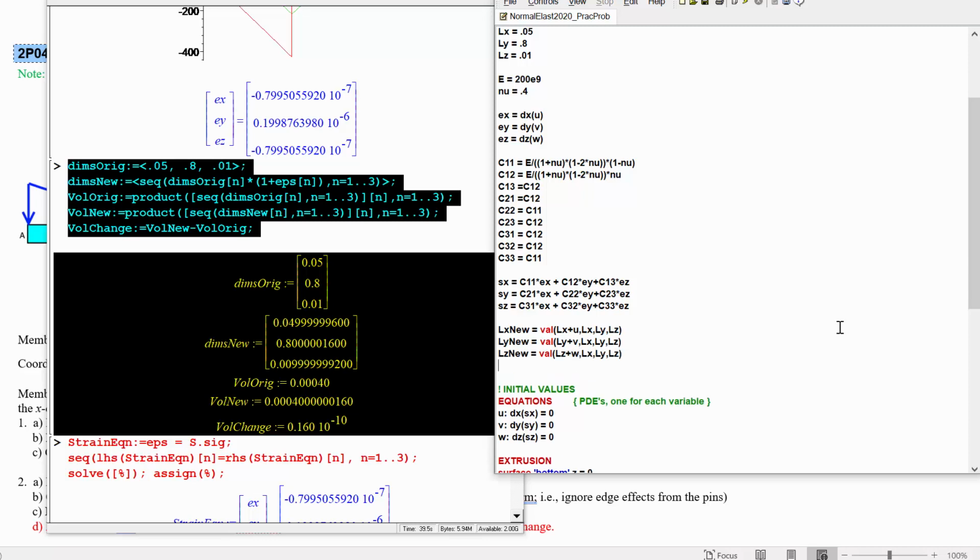And then we'll say volume new is equal to Lx new times Ly new times Lz new, and vol change is equal to vol new minus Lx, Ly, Lz. And we can report that.